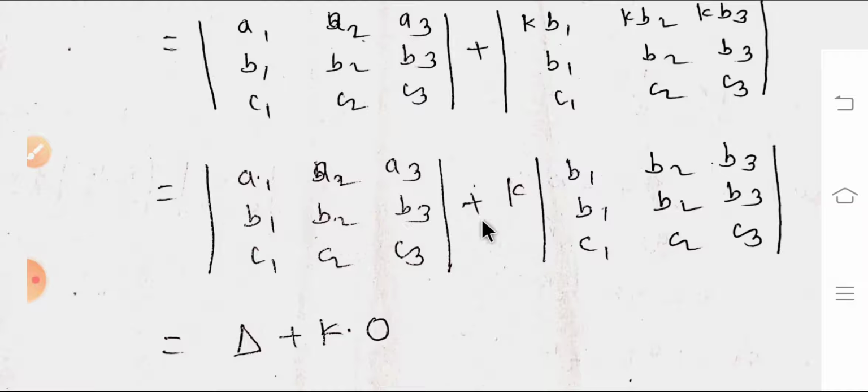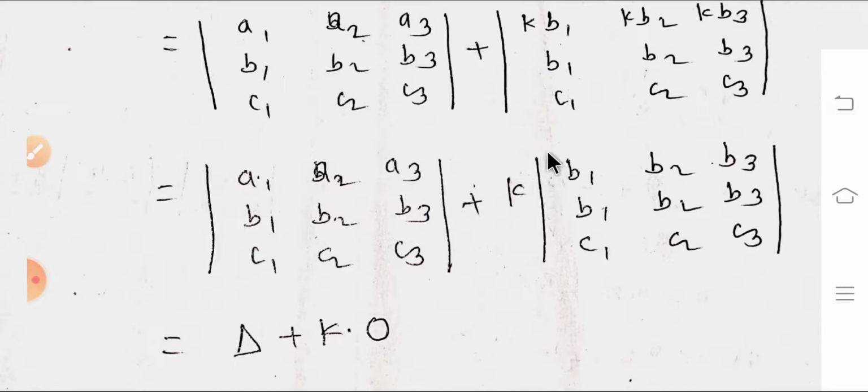So we have the first determinant as it is, plus, by property 4, in a determinant if each element of any row or column is multiplied by k, then the value of the determinant is multiplied by that constant.